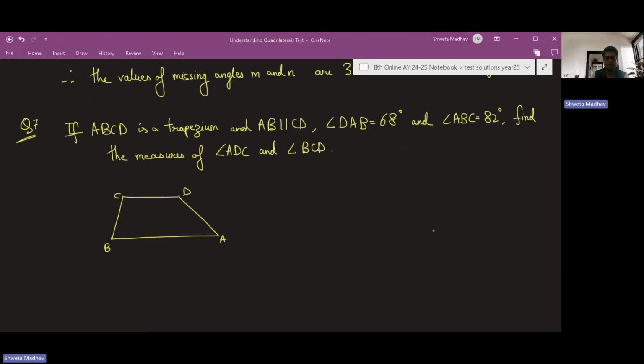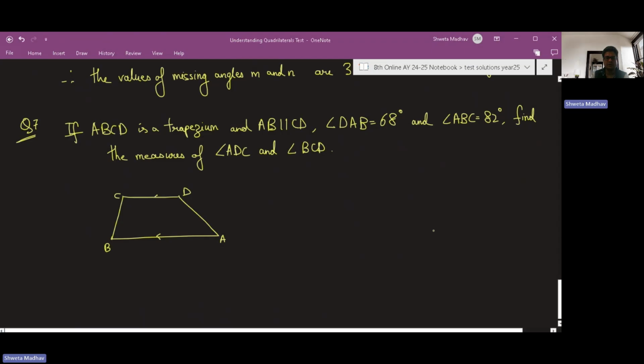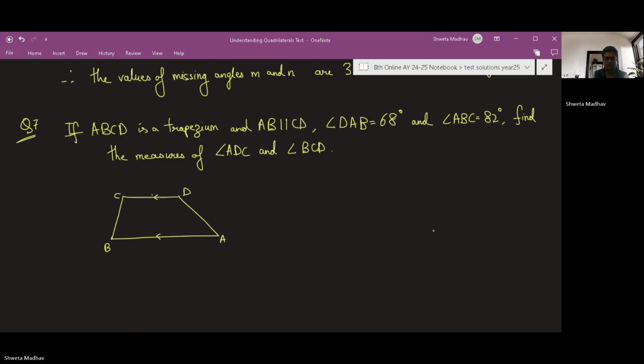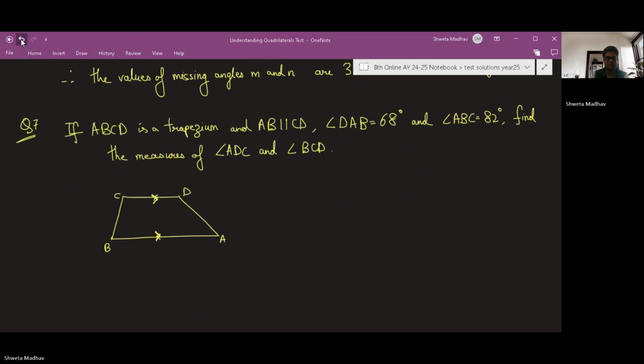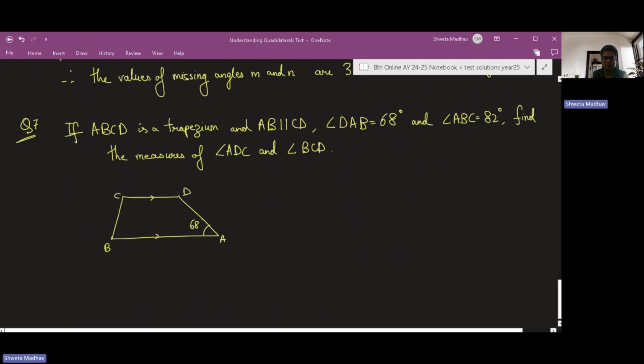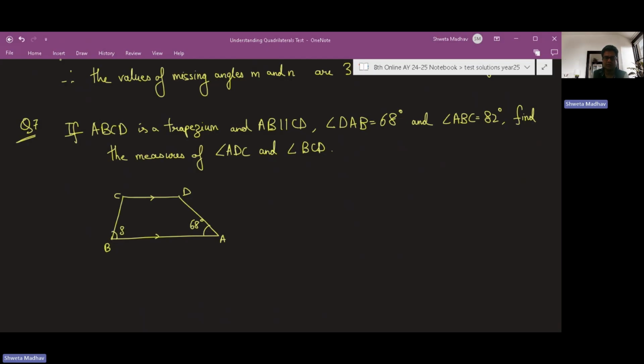So here AB is parallel to CD. Now it is told that angle DAB is 68 degrees, and angle ABC is 82 degrees. And we have to find the measures of angle ADC and angle BCD.